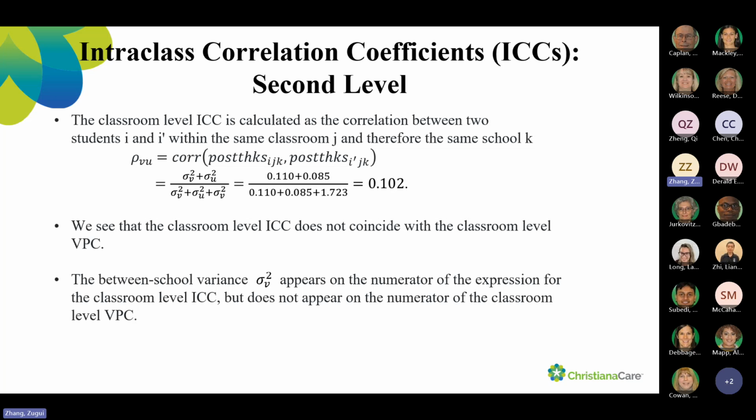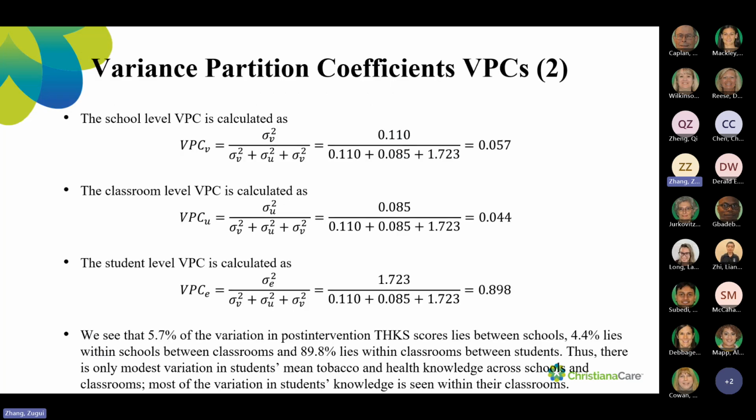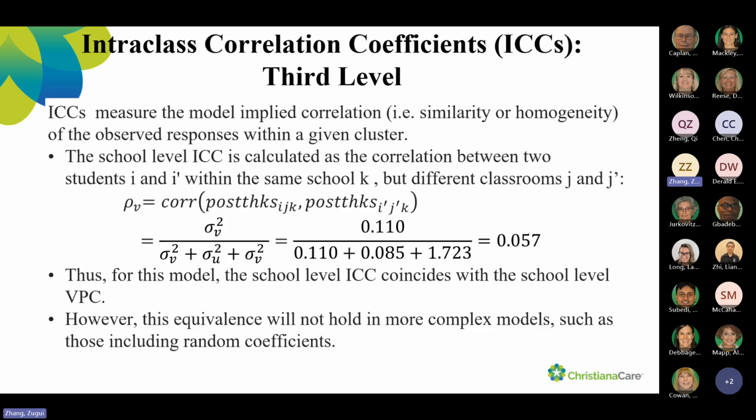The between school variance appears in the numerator expression for the classroom level ICC, but it does not appear in the numerator of the classroom level VPC. In other words, for the three-level model, we should calculate the variance partition coefficients and also calculate the different levels of ICC.